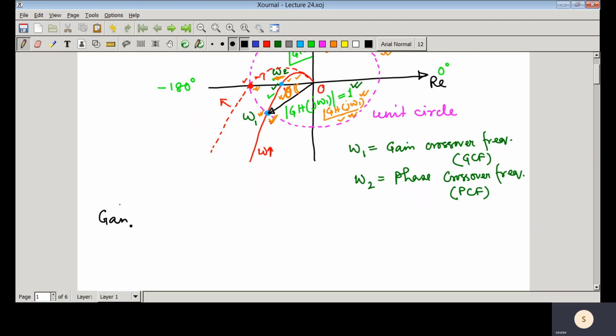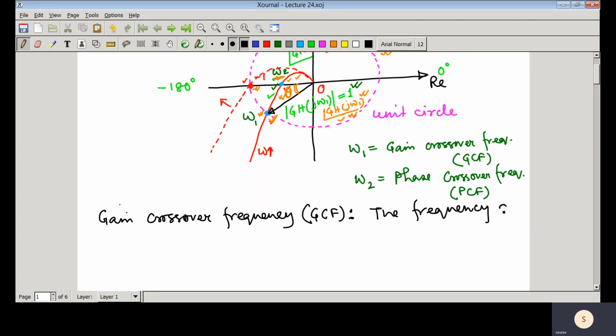So gain crossover frequency, abbreviated as GCF. What is that? The frequency at which, if we find that gain, that means G(jω), the loop gain, that would be equal to 1.